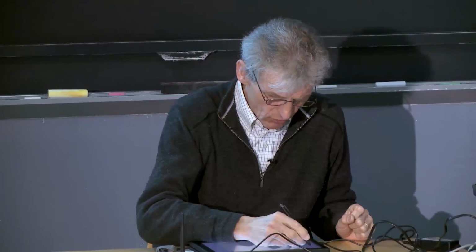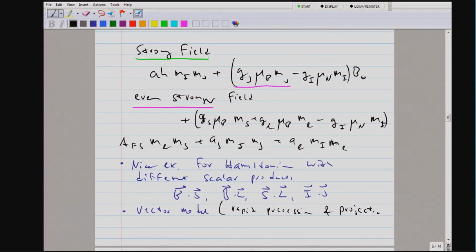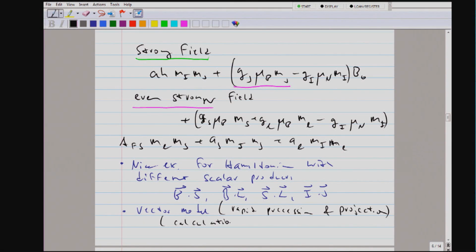So the concept of the vector model is rapid precession for transverse components and projecting of vectors onto the axis around which you have rapid precession, but this is simply a tool to do calculations without the explicit use of Clebsch-Gordan coefficients.